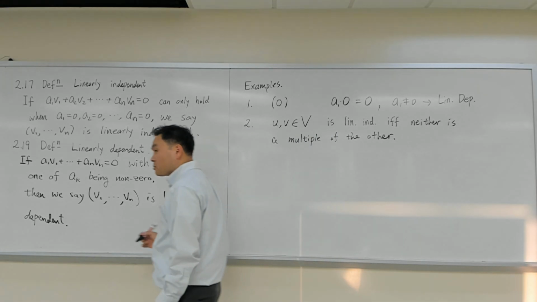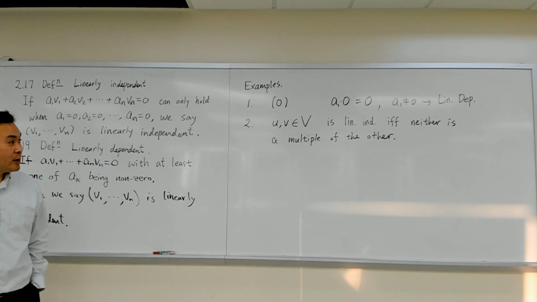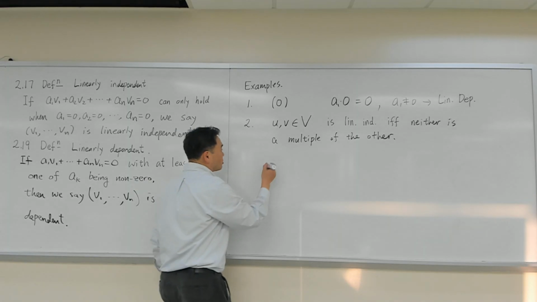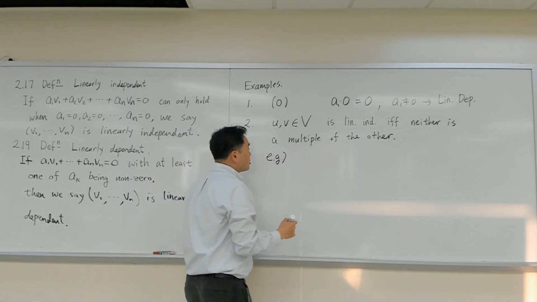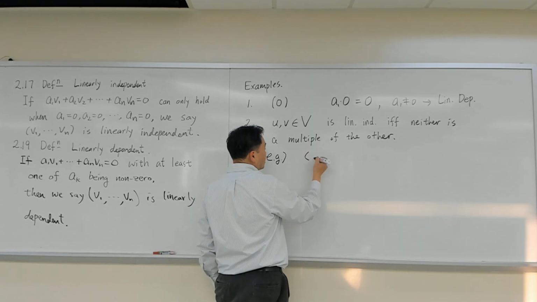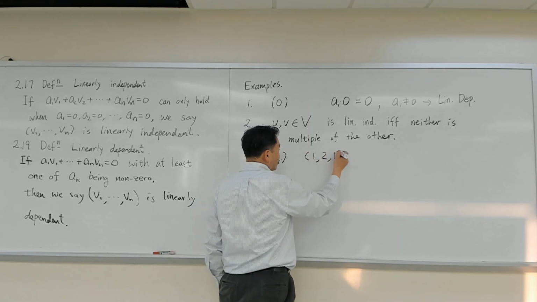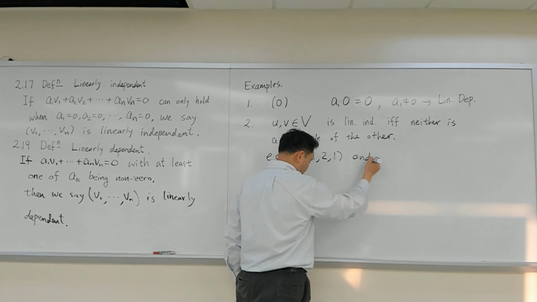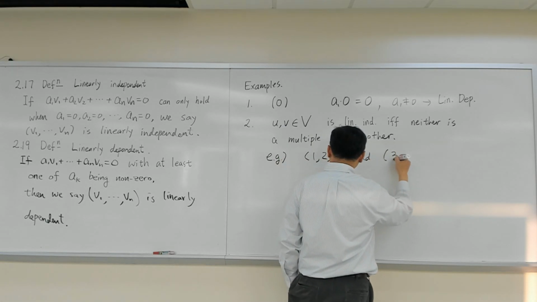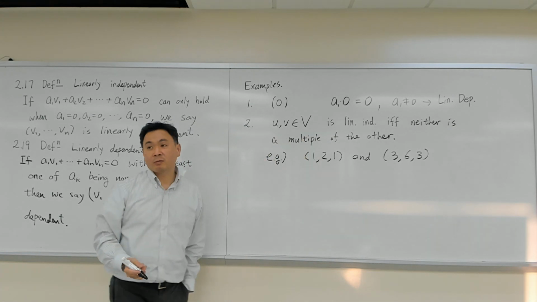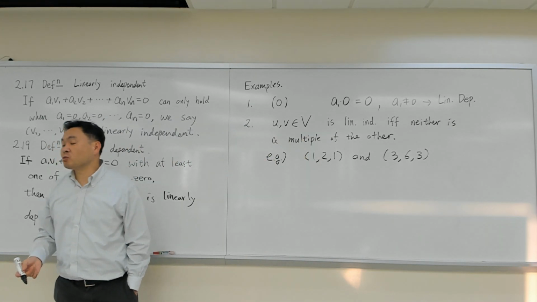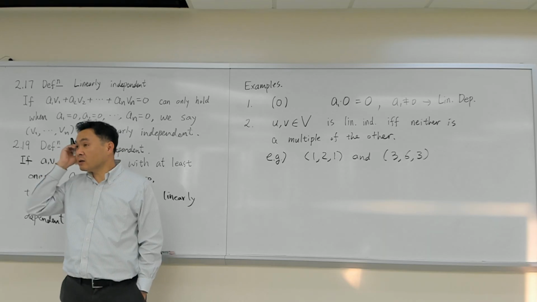Let me try to explain this by taking a further example. For example, let's think about (1, 2, 1) and (3, 6, 3). Is one the multiple of the other?